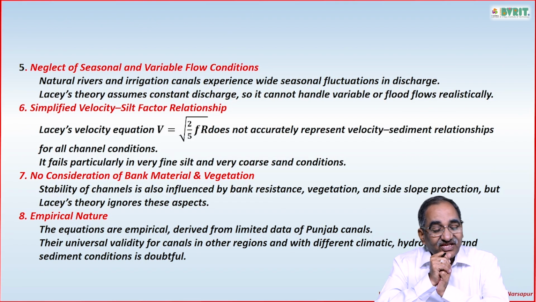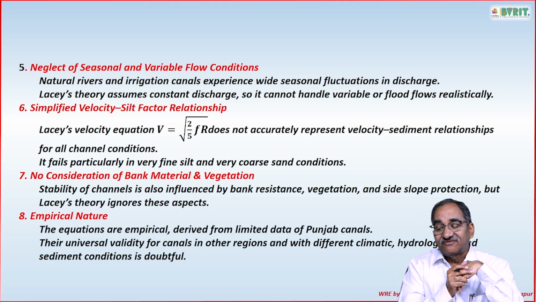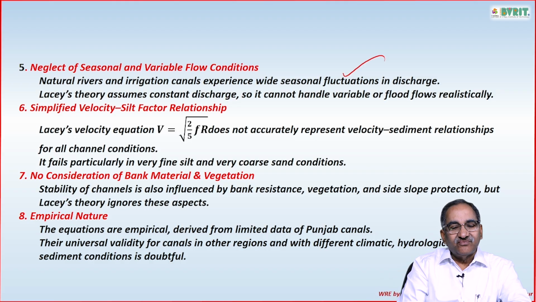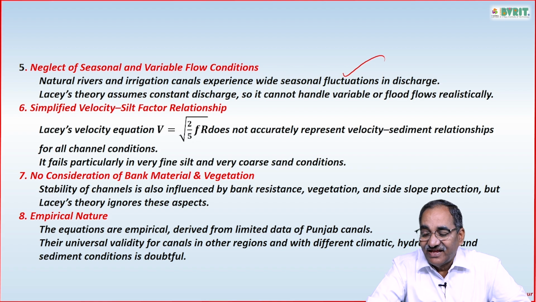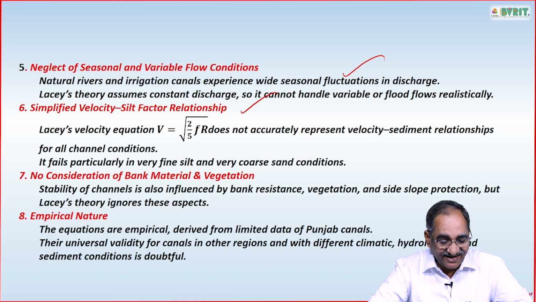Next one is seasonal and variable flow conditions. Natural rivers or irrigation canals experience wide seasonal fluctuations in discharge. But Lacey's theory assumed that discharge is constant. So it cannot handle the variable or flood flows realistically. Then simplified velocity silt factor relation.